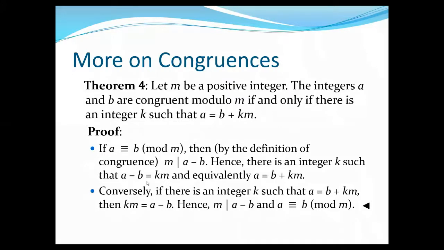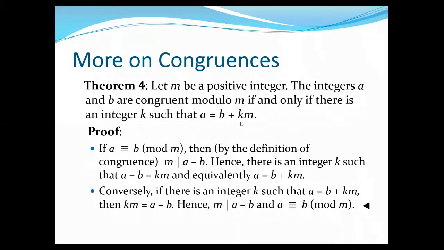And then by manipulating this, transferring b to the right side, we have a is equal to b plus km, which is this.